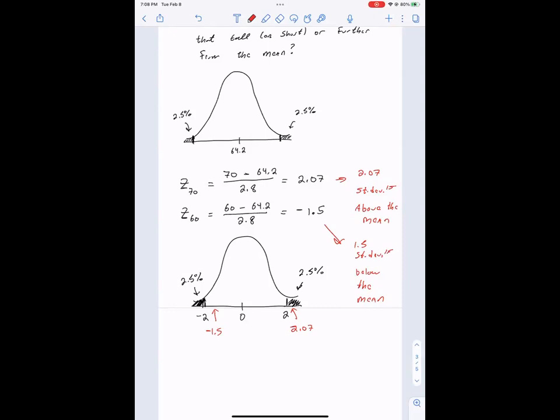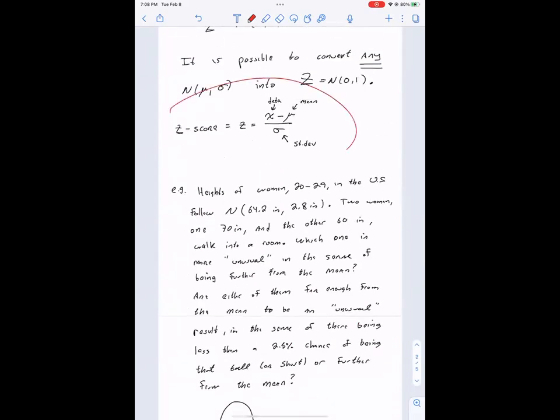And Professor, in any equation that involves a z-score, is that 2.5% cutoff, and the more than 2 or less than -2, in every single z-score formula? No, the z-score formula is just calculating a z-score.